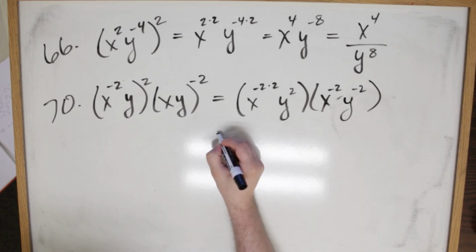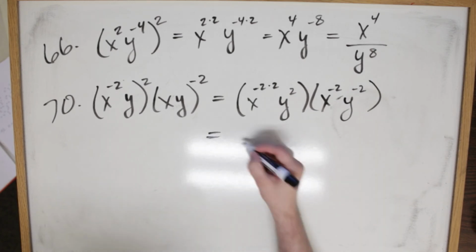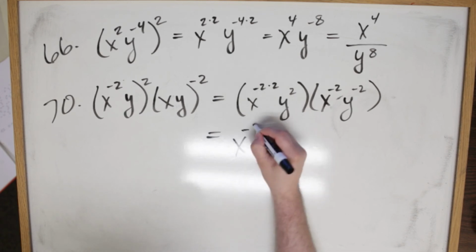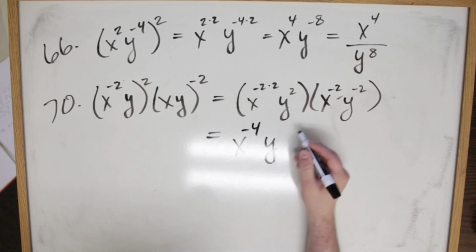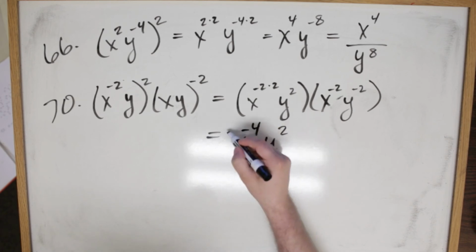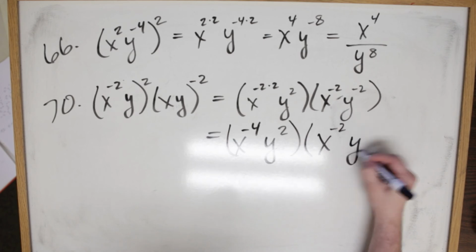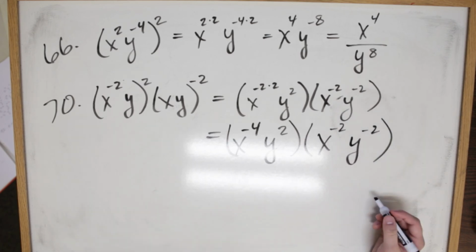So now let's simplify this. This is going to become x to the minus 2 times 2 is minus 4, y to the 2, and we are multiplying by x to the minus 2, y to the minus 2. Okay?